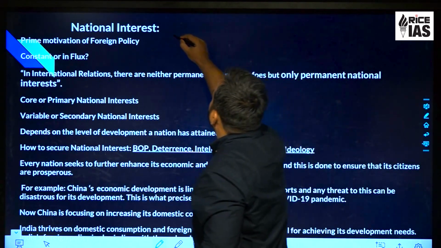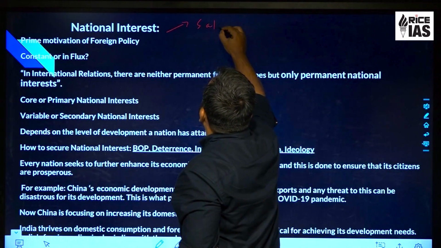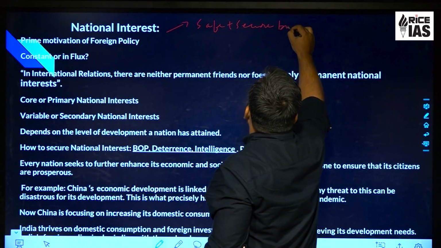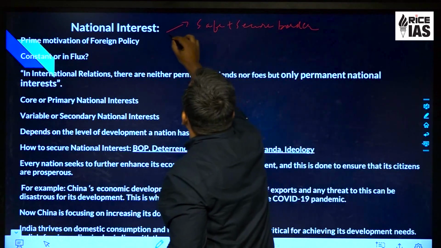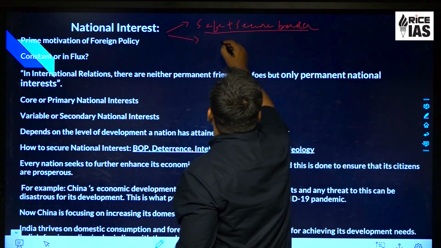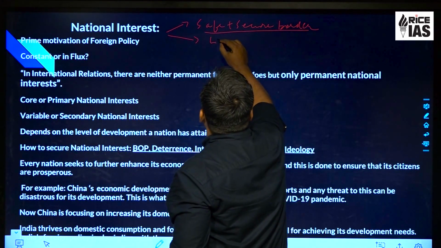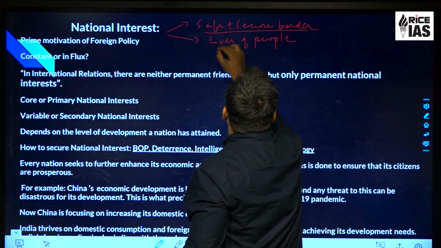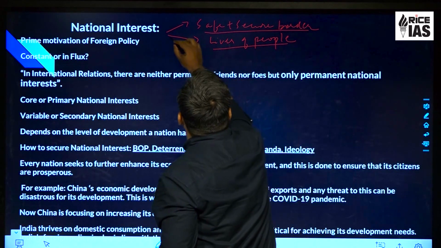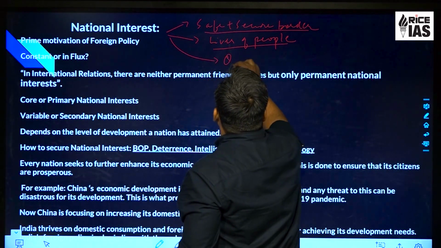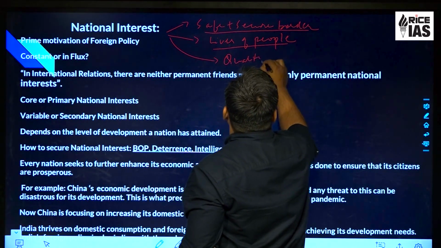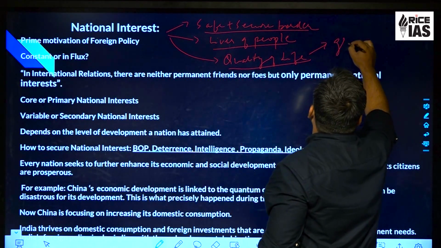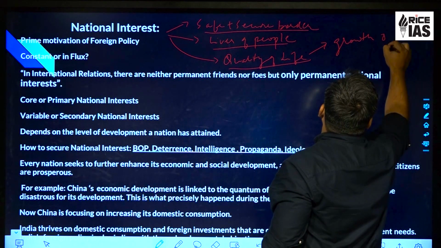Safe and secure borders are in the interest of India, and not just borders, but inside the border, the lives of people, security of life of the people, and not just security of life, but the quality of life, which is reflected in growth and prosperity of the nation.